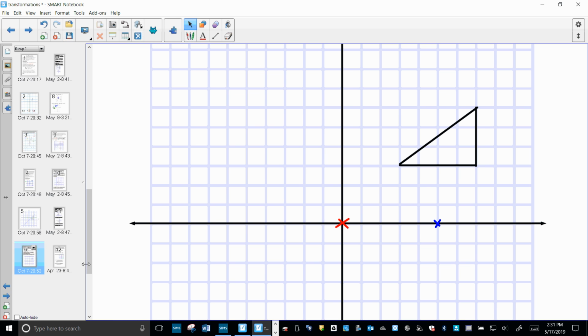Hang on, before you trace it, I'd like you to cover the shape up, but cover it so that you can also cover the centres of rotation. So I want you to have your tracing paper looking something like that, so that you can trace the shape and the centres of rotation.